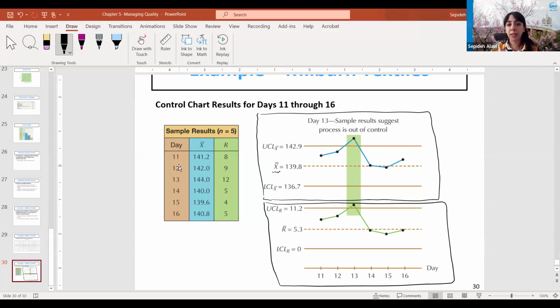On days 11 and 12, those R values are within the limits, but at day 13, similar to the one above, it's getting out of control. It's outside of the control limit. So they will work on that. They will bring the process back in control, and we see that the process stays within control for the future days of 14, 15, and 16.